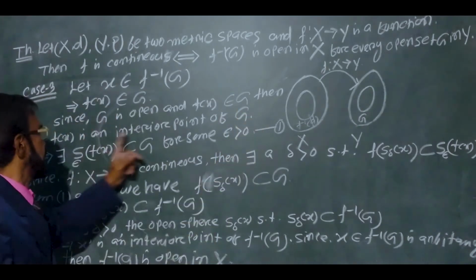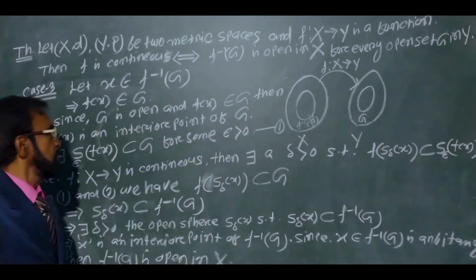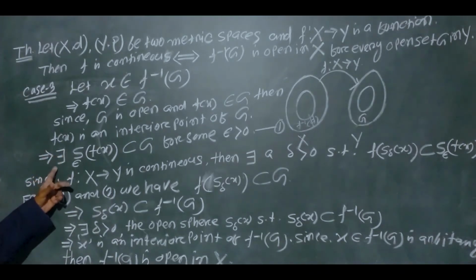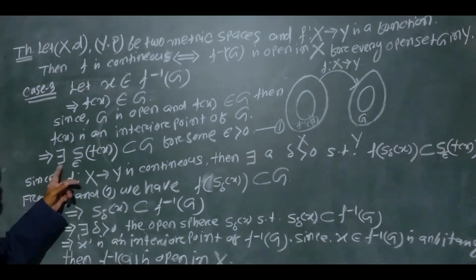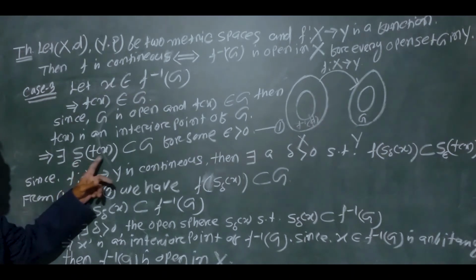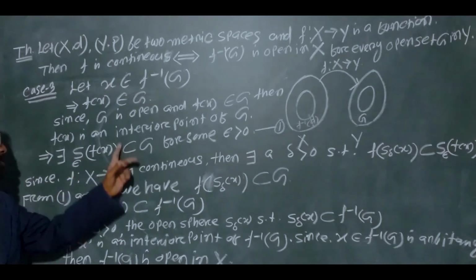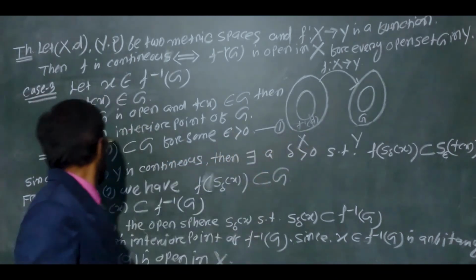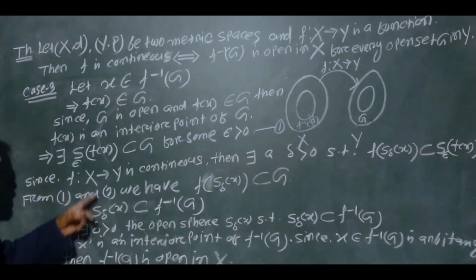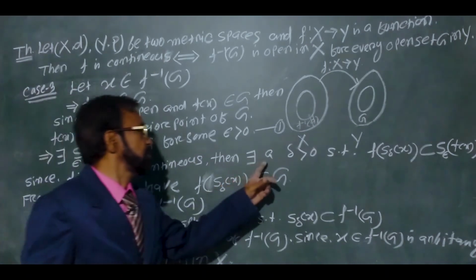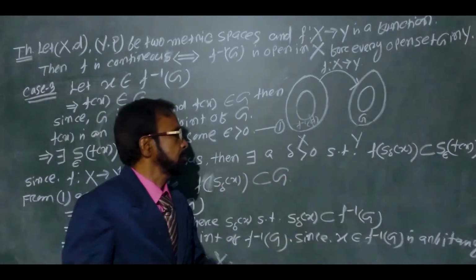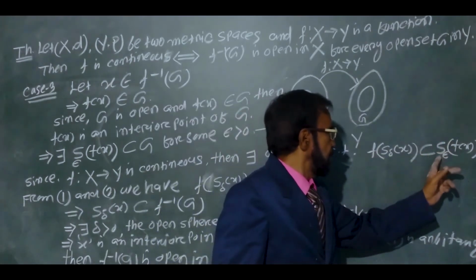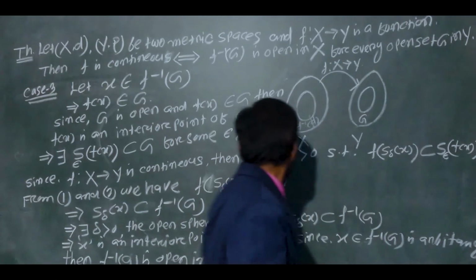Then f(x) is an interior point of G. Since f(x) is an interior point of G, then there must exist an open sphere of radius epsilon of f(x) such that this is a subset of G for some epsilon greater than 0, equation number 1. Since f: X to Y is continuous, then there must exist delta greater than 0 such that f of S_delta(x) is a subset of S_epsilon(f(x)). This is equation number 2.